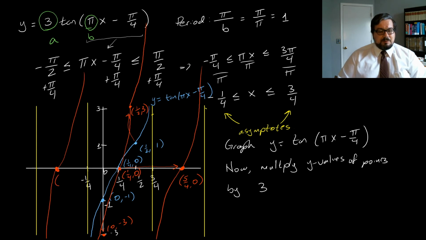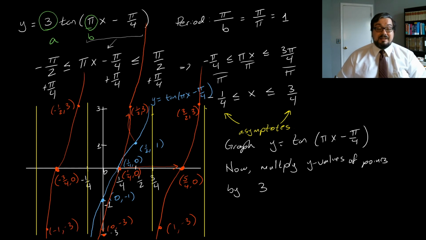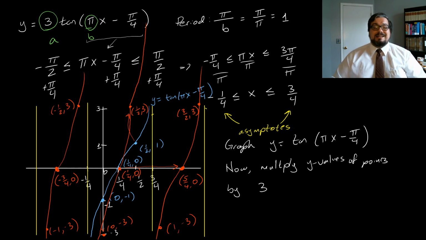And similarly, we'd get -3/4, 0. Going from 1/2 and subtracting 1, we'd get -1/2, 3. And adding 1, we'd get 3/2, 3. And then from 0, -3, we would get 1, -3 on the right branch, and then -1, -3 on the left branch. So that's how we can graph out a complex tangent function.